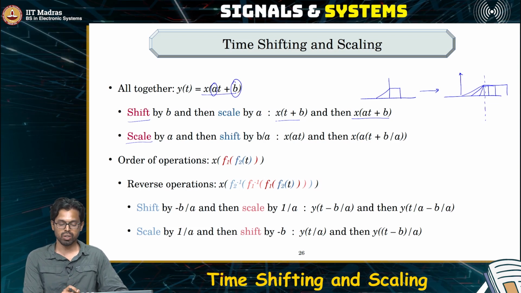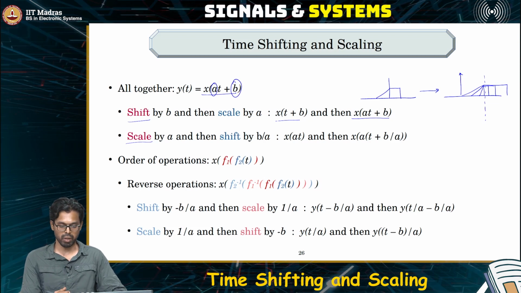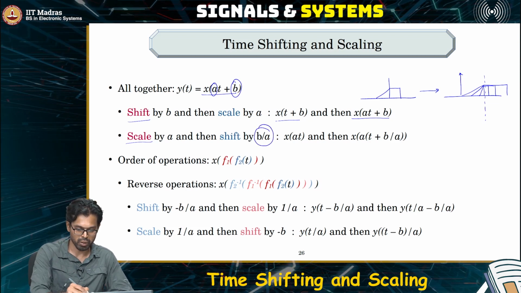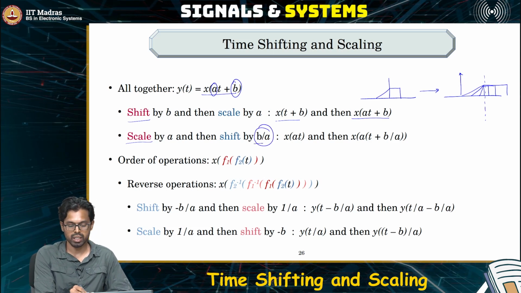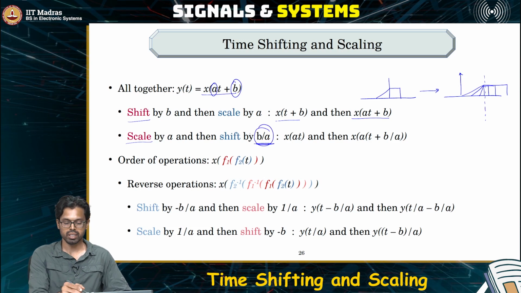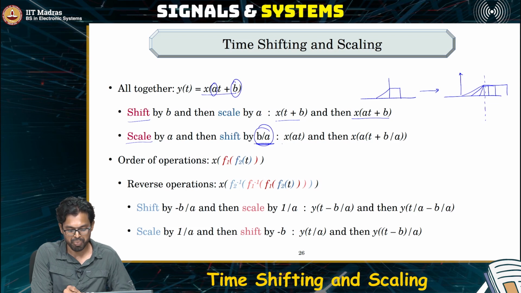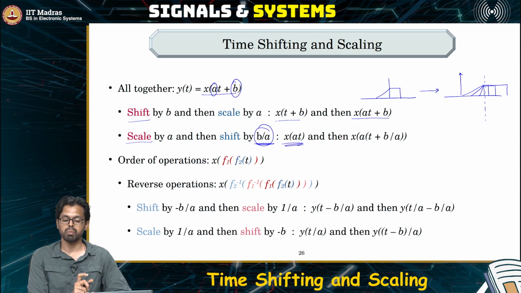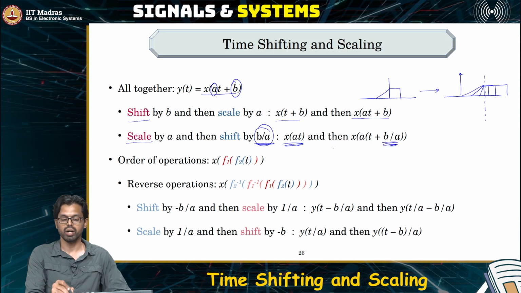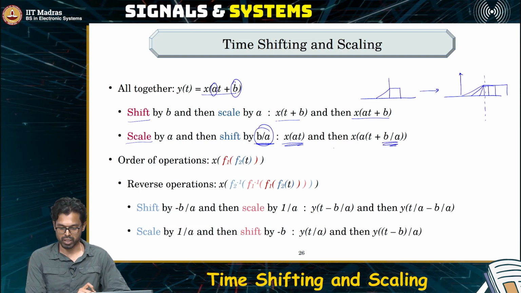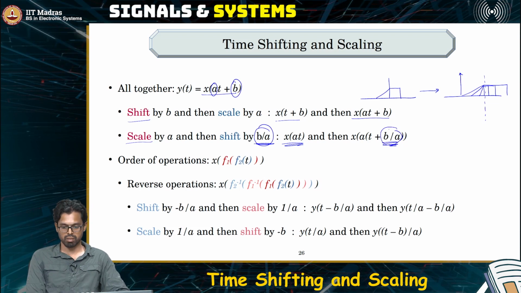So in order to ensure that the shifting operation incorporates compression or expansion, you need to scale the amount by which you are going to shift. So if you do the scaling first, then you have to change the shifting amount by the scaling factor as well. That is one thing you have to keep in mind. In other words, if the signal is compressed, remember, you're already multiplying the time variable with a, so the shifting should also be done in the scaled variable.